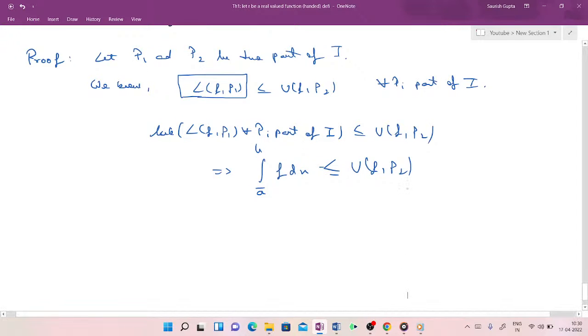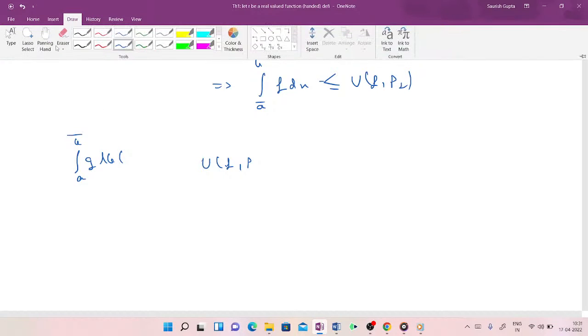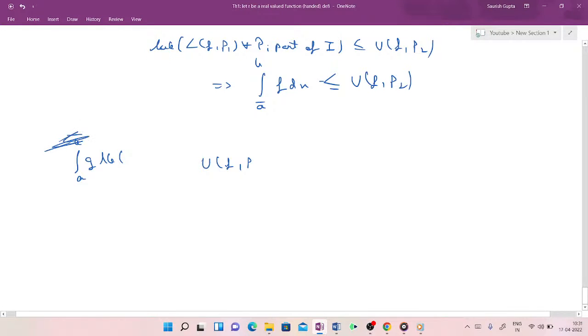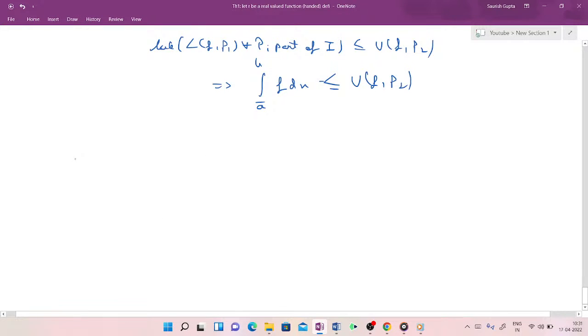Now what is happening here is that U(f, P2)... now what do we define as the upper integral? So the upper integral is the greatest lower bound. Now what is this particular value?